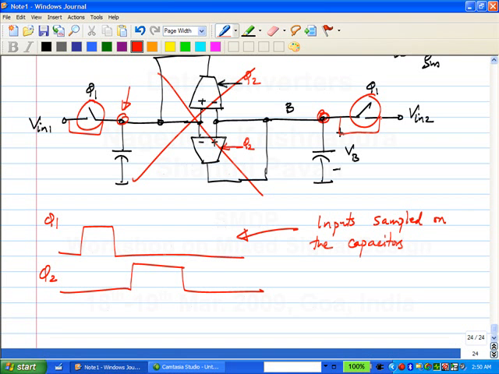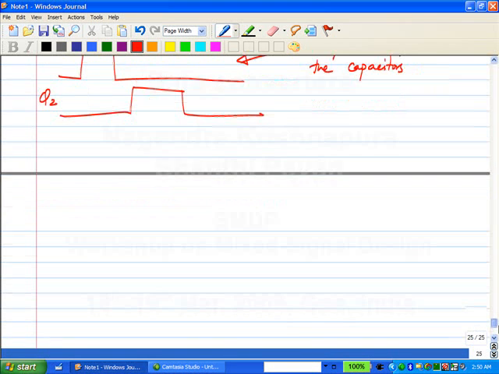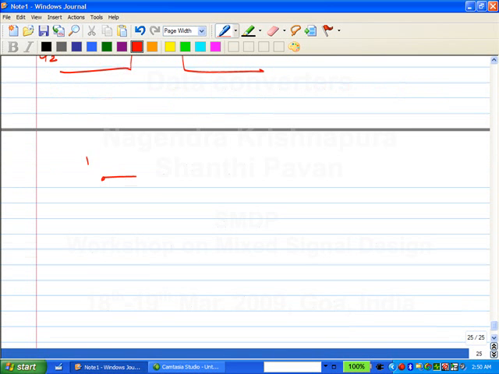So in principle, there should be no problem at all, because you have an ideal voltage source charging a capacitor.